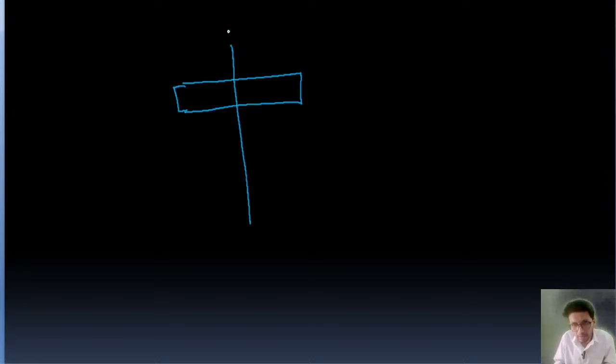Okay, a figure is given. This is the z-axis, this thickness is z, and this is the pendulum.